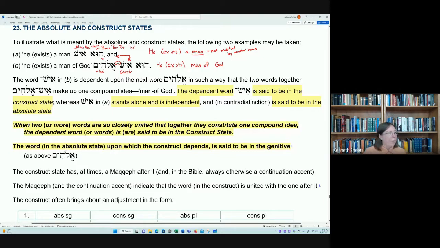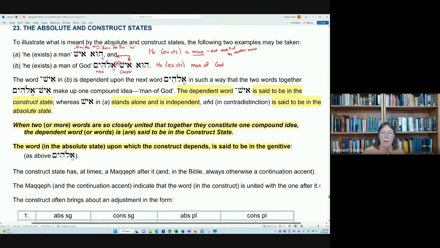So notice here, we've got this further explanation. The word ish in B, so he's talking about this ish right here, is dependent upon, it is being modified by the next word, Elohim, in such a way that the two words together, ish Elohim, make up one compound idea, man of God.